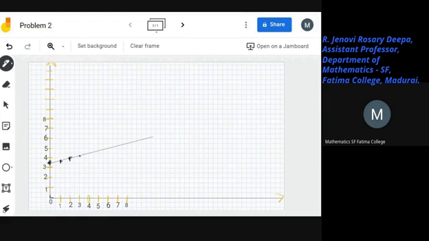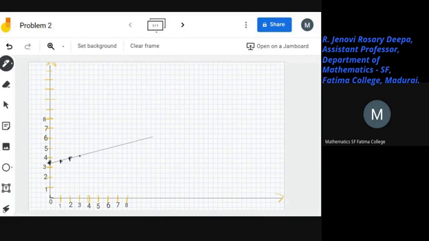Now the next straight line, we have to mark 6, comma 0 and 0, comma 6.